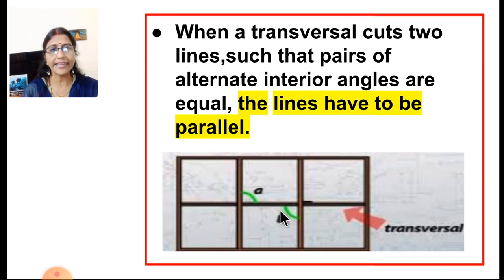Two angles are formed, and they are inside, so they are interior angles and they are alternate to each other. This is angle A, this is angle B, which are alternate to each other, so they are called alternate interior angles. So when alternate interior angles are equal, then the lines have to be parallel. You can see here these two lines are parallel.